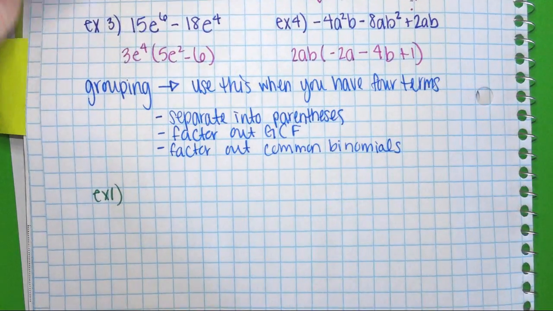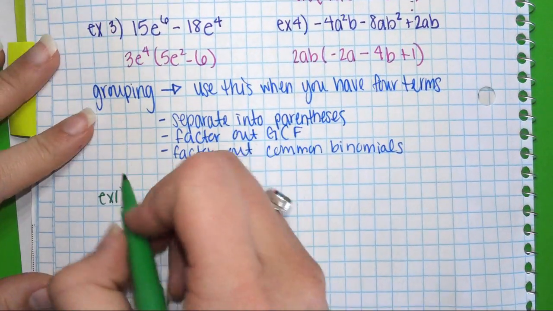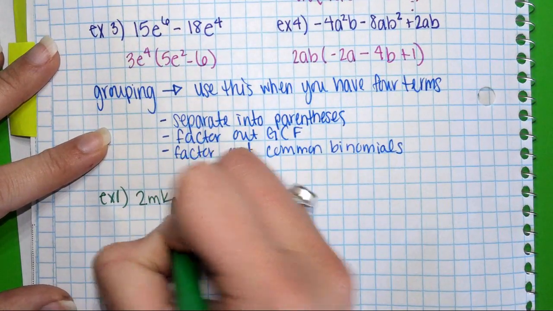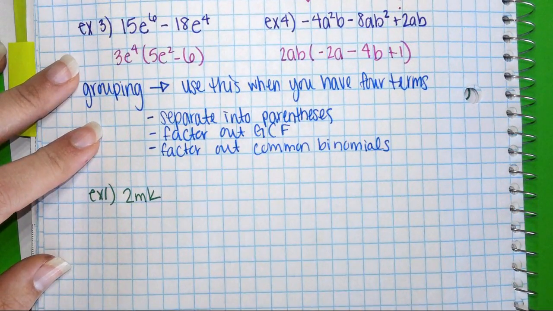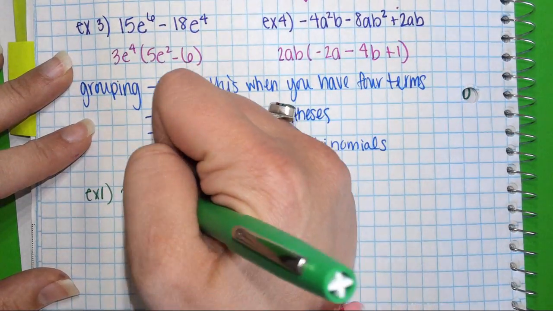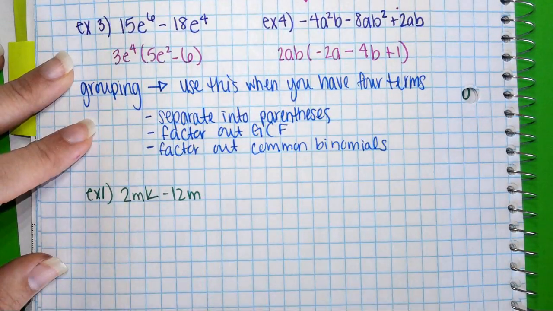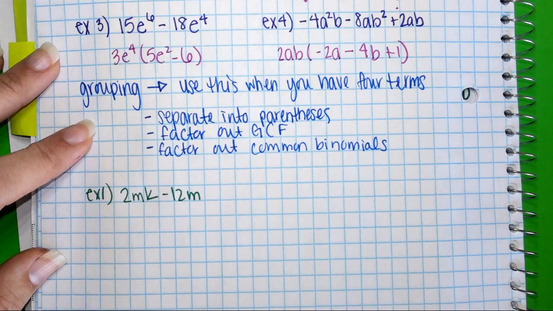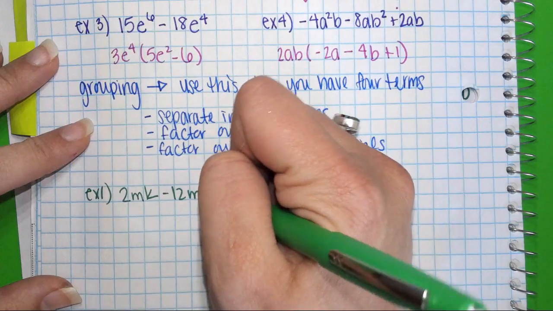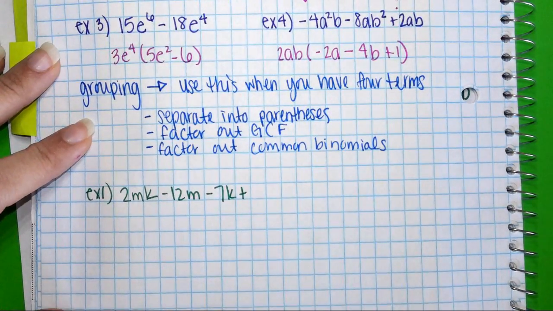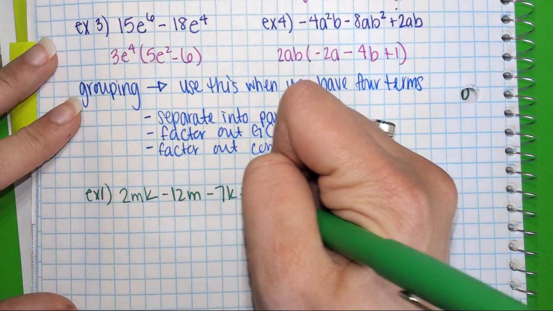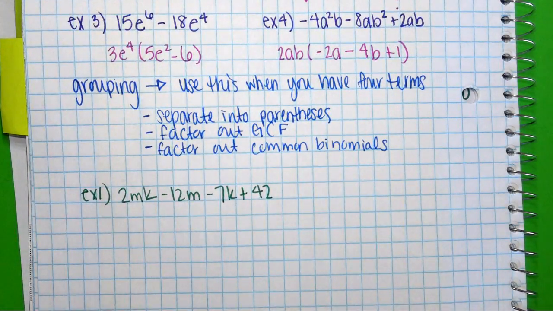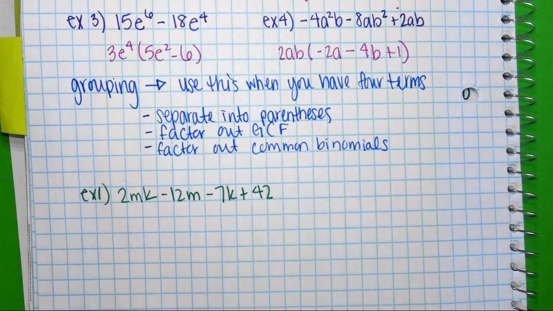Here, 2mk minus 12m, and then minus 7k plus 42. And what did we say that we should watch out for on these? Signs. We always have to watch out for our signs. Take a point.